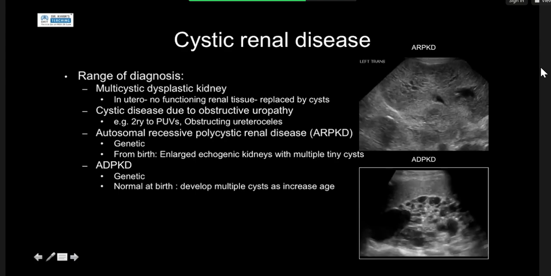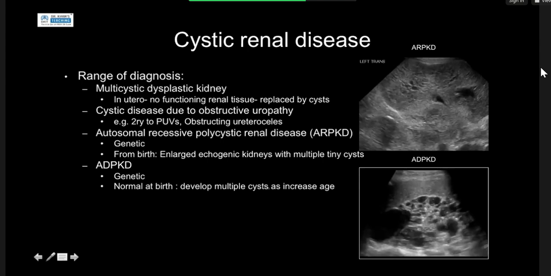What you get is an enlarged echogenic kidney with loss of corticomedullary differentiation, and multiple tiny cysts, and often the cysts are too small for us to be able to characterize fully on ultrasound. And that's what sets it apart from the other cystic pathologies that we see. And then it's bilateral, so both kidneys are affected, which sets it apart from the multicystic dysplastic kidney, which is often unilateral, but can be occasionally bilateral.